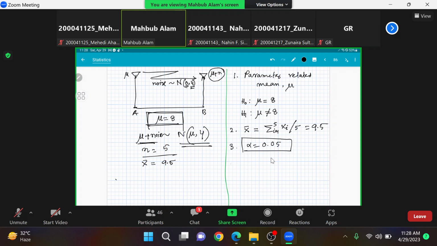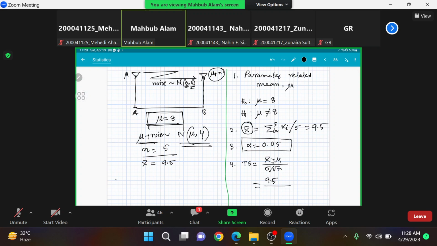So the next step is to find the test statistic. The test statistic is to standardize the sample mean, which is X bar minus mu divided by sigma over square root of N. X bar is 9.5.